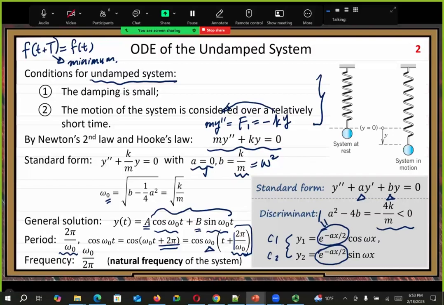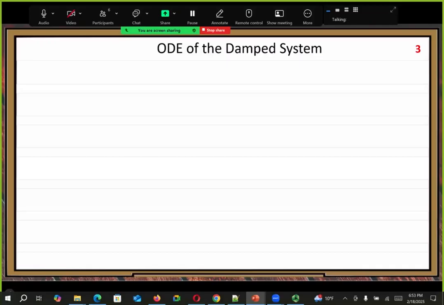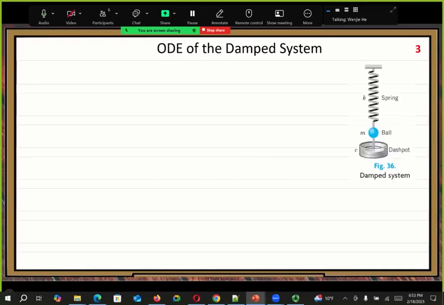We still have a few minutes. Next one: the ODE of the damped system. We modify the previous undamped system, adding some new term to get this damped system.